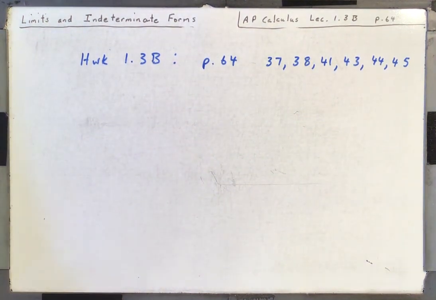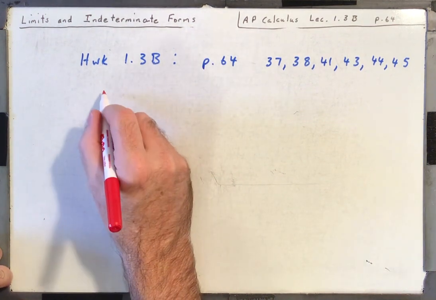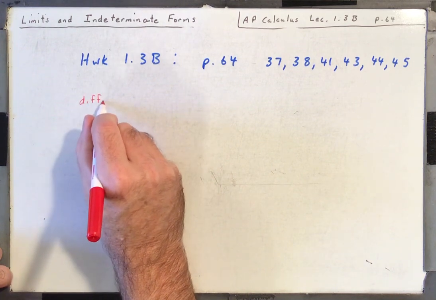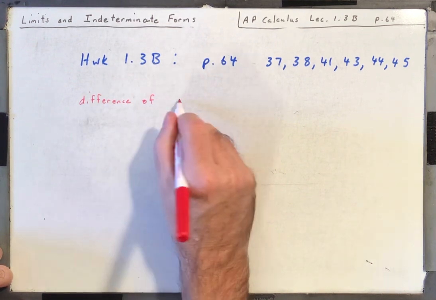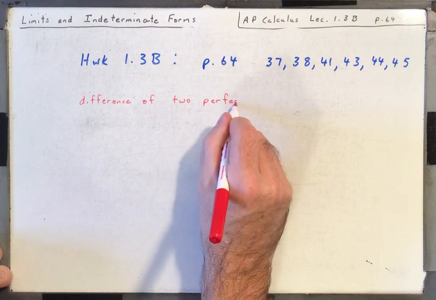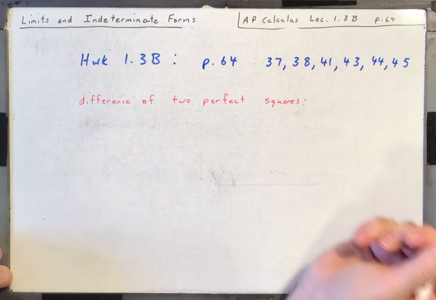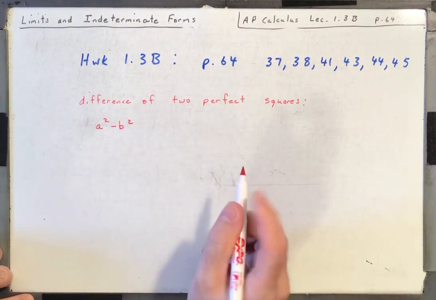Tomorrow I think we have to do perfect cubes. All right, so you have the difference of two perfect squares: a squared minus b squared.